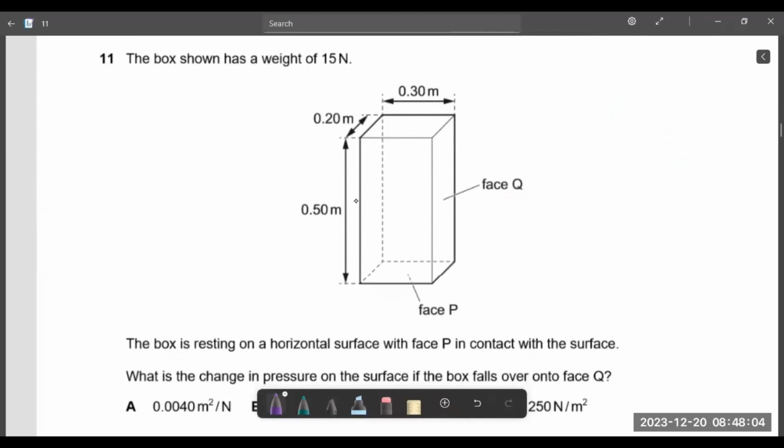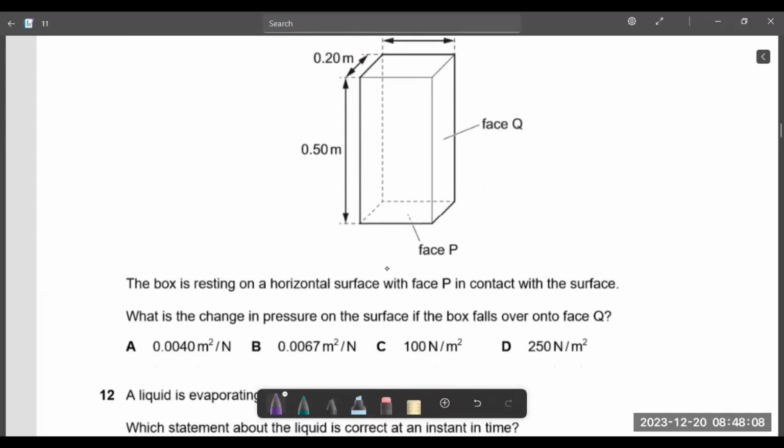The box has a weight of 15 Newton. The box is resting on a horizontal surface with P in contact with the surface. What is the change in pressure on the surface if the box falls on Q? We need to find the pressure. P is equal to force by area.